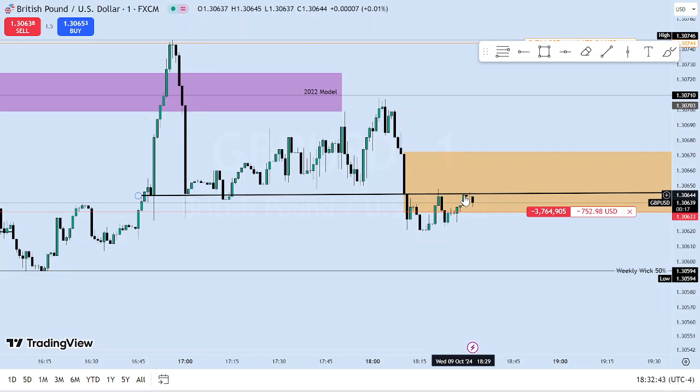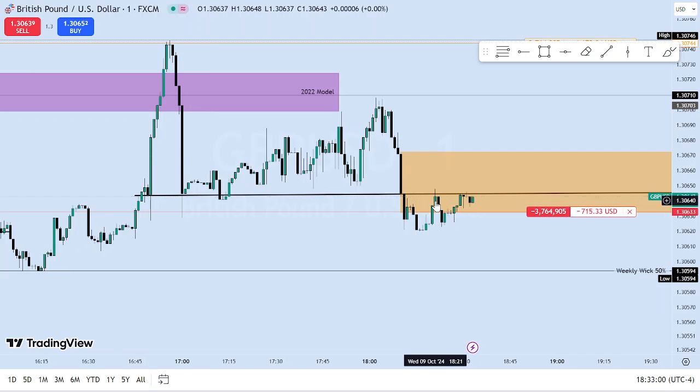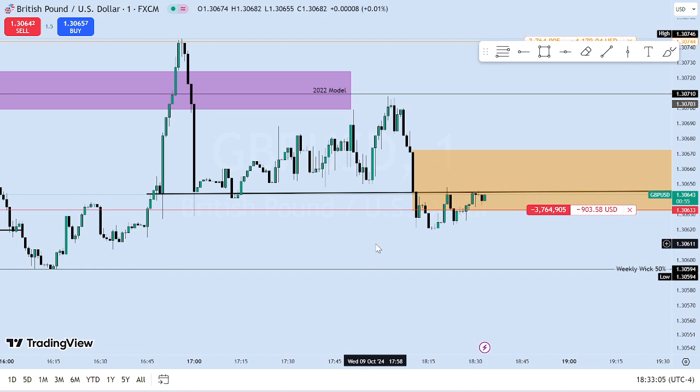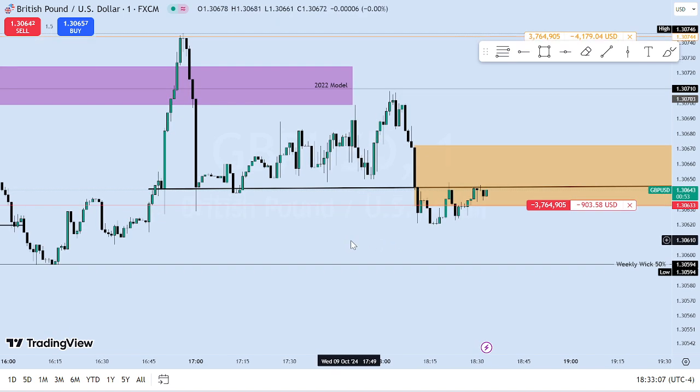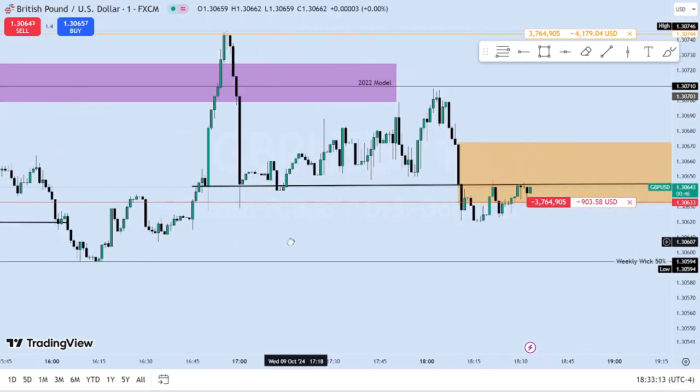The body will tell you the narrative. Okay, we watch what the body is doing, reacting at those levels, any resistance or support level, consequent encroachment of any inefficiency or any of the PD arrays. Okay, you watch what the body is telling you, what the body will give you, the narrative.